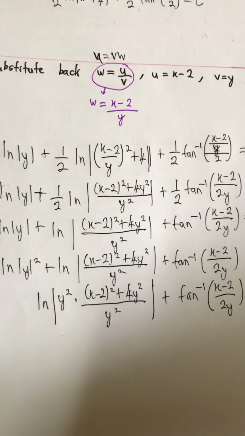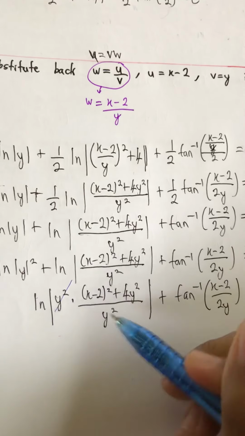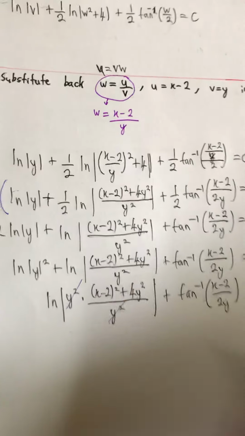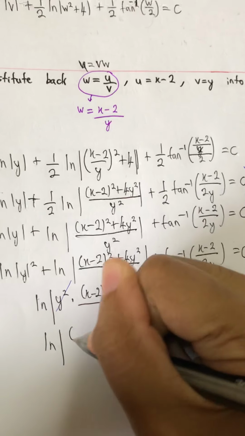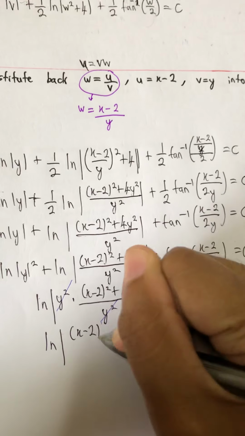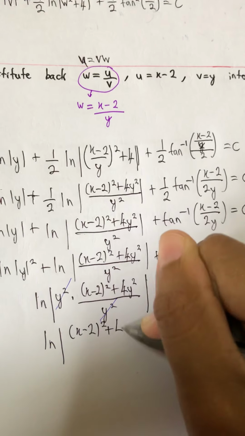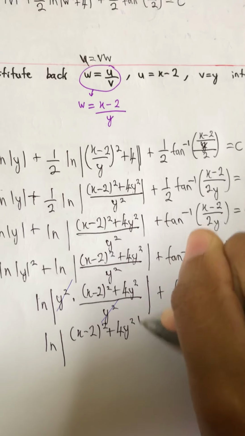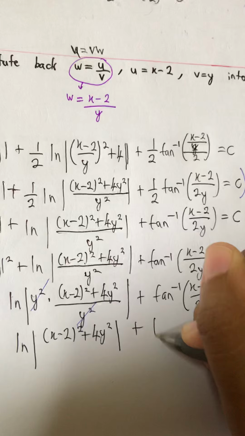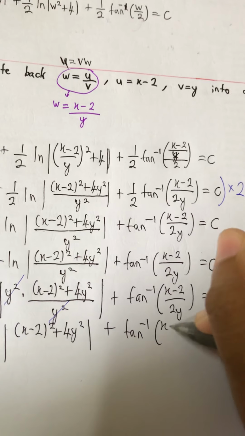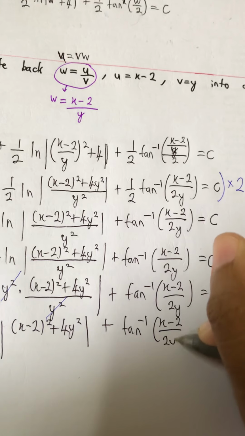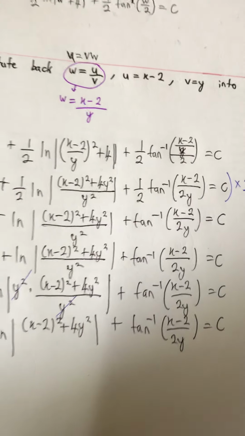So this part we can cancel out, so we will leave the answer as ln((x − 2)² + 4y²) plus tan⁻¹((x − 2)/2y) equal to c.